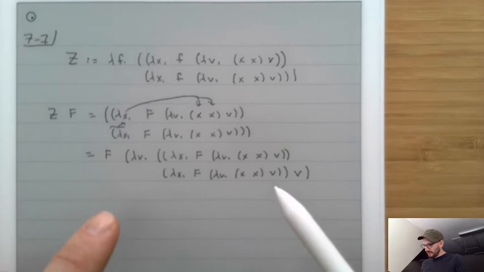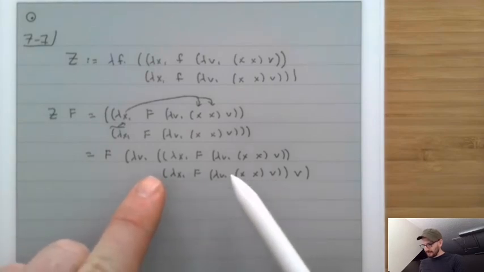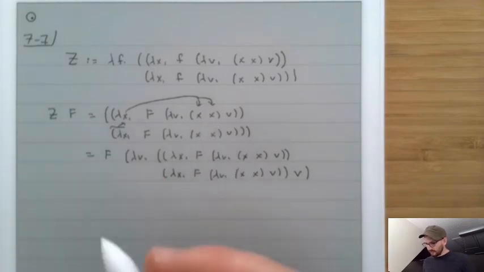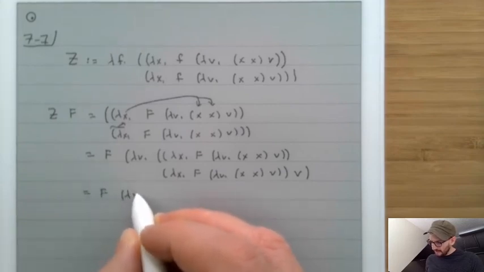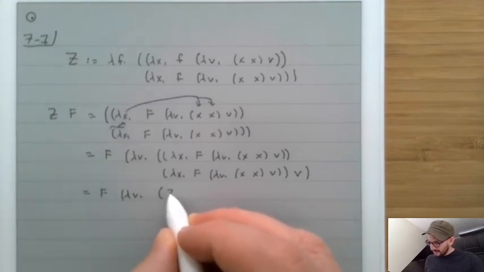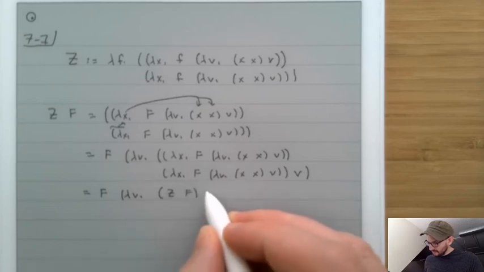Okay, well notice that this term right here, this one in the middle, is the same thing that we started with, so therefore this is equal to f of lambda v zf called with v.